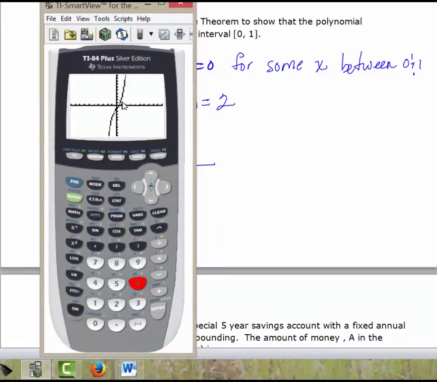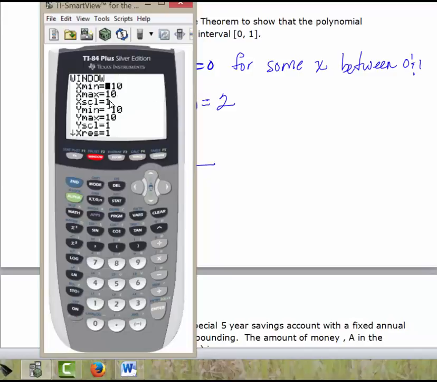With the window that I have here, it's a little bit harder to see. So I'm going to make my x window a lot smaller. I'm going to go from -2 up to 3. The values that I'm interested in are really just between 0 and 1, so I'm going to go a little bit beyond 0 and a little bit beyond 1. And I'm going to graph this again.